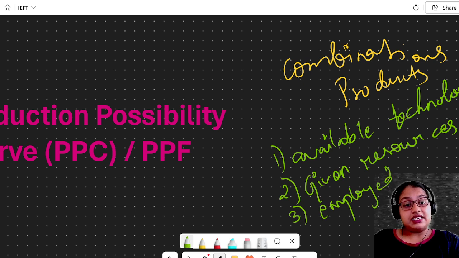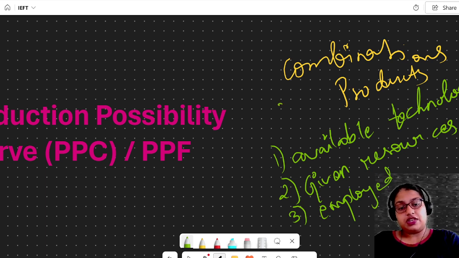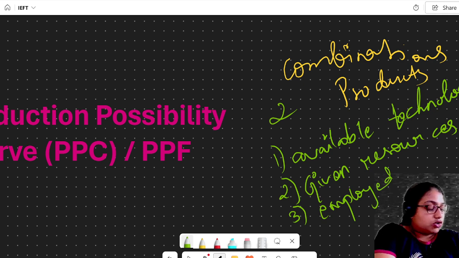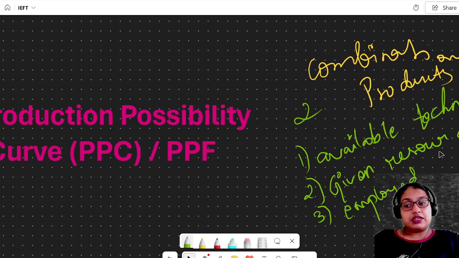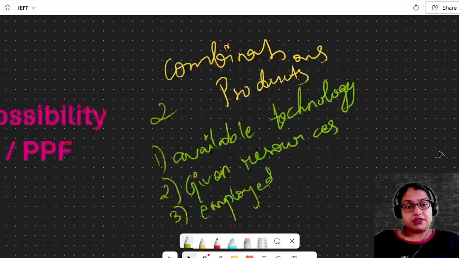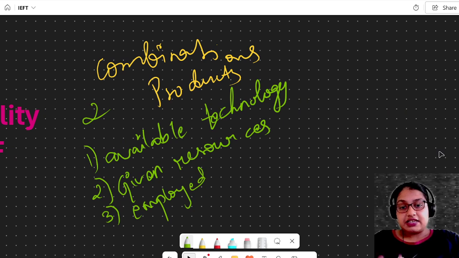So under these three circumstances, what will be the combination of the two products, with available technology, given resources, fully and efficiently employed?